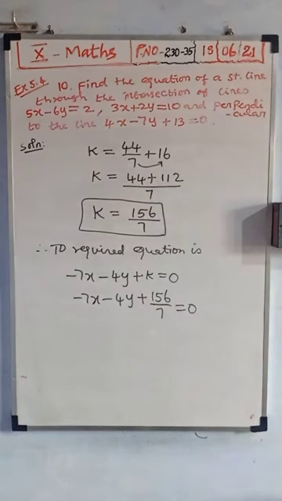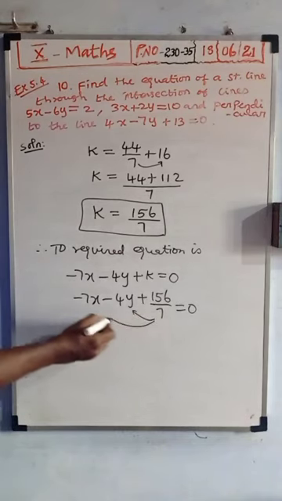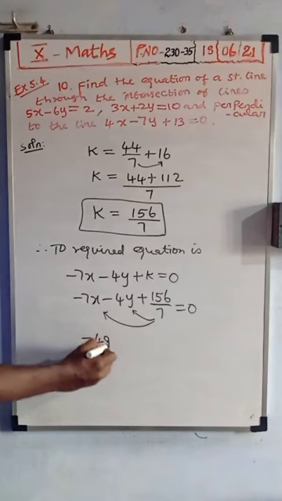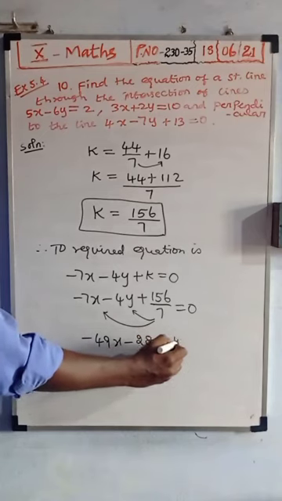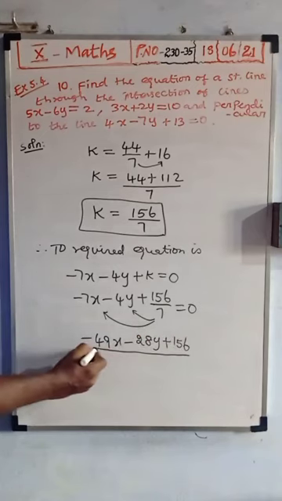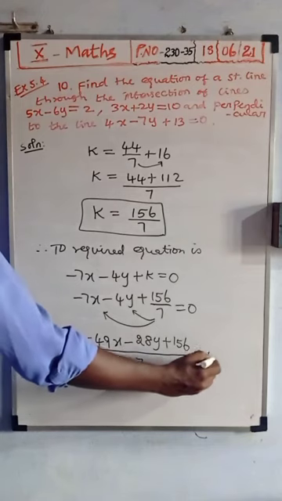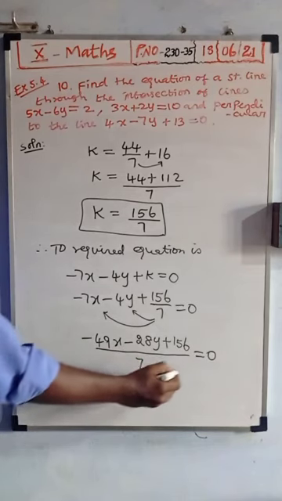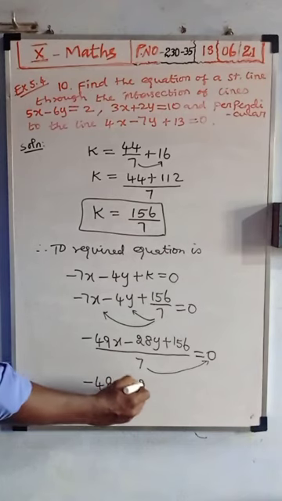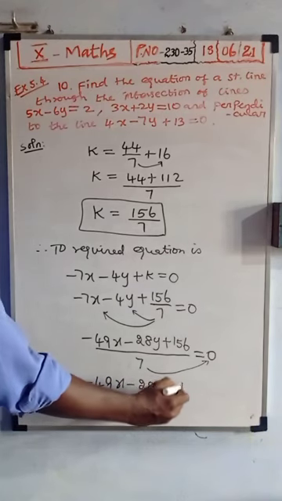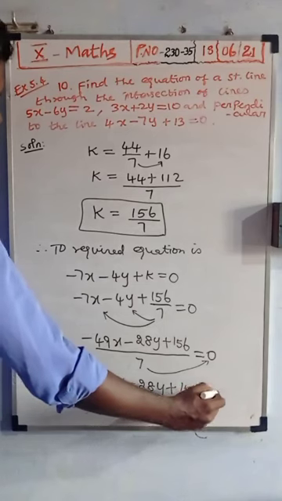Taking 7 as the LCM, 7 sevens are minus 49x, minus 7 fours are 28y, plus 156, whole divided by 7 is equal to 0. Now the division by 7 goes to the other side as multiplication, so 0. Now minus 49x minus 28y plus 156 is equal to 0.